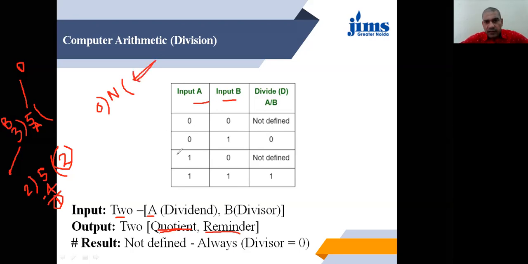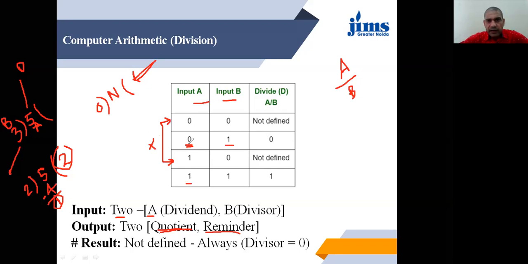So over here you can see this is A and this is B. We are performing A divided by B. So we will discuss the second and fourth cases first, and the first and third cases after.